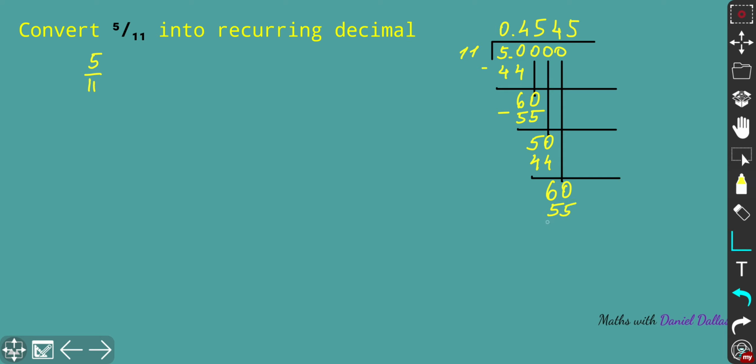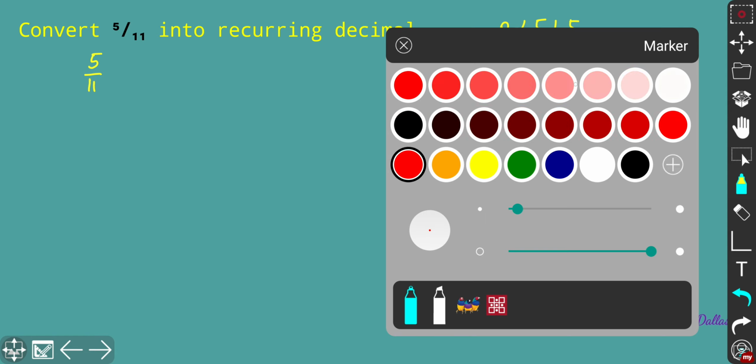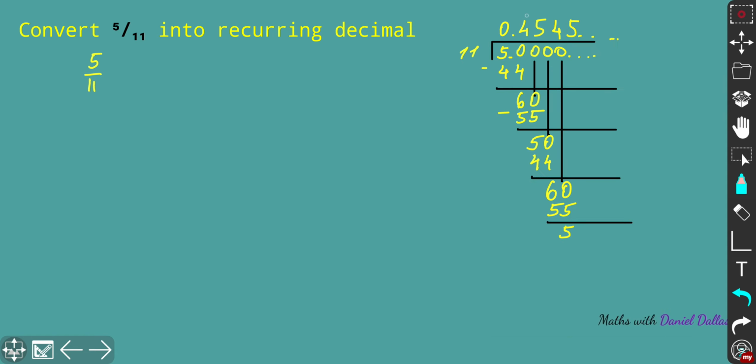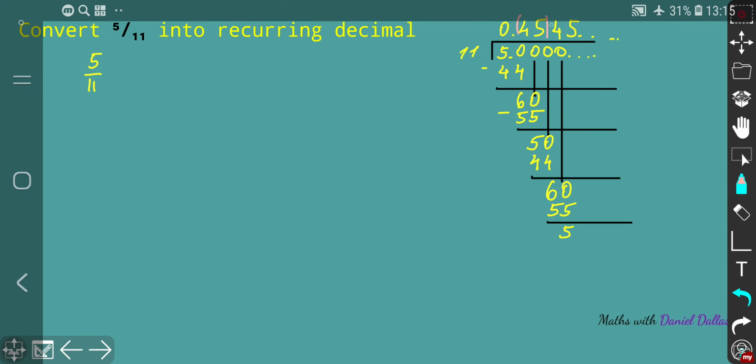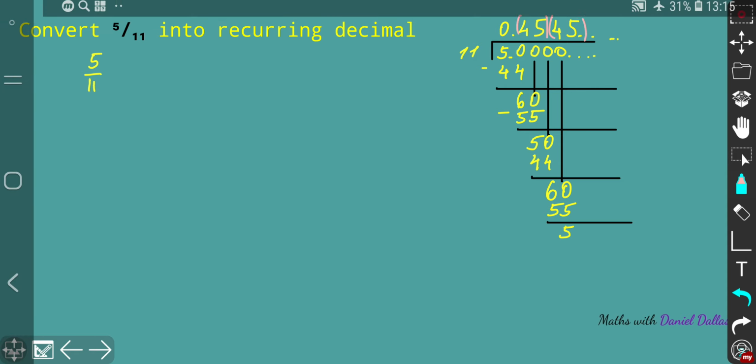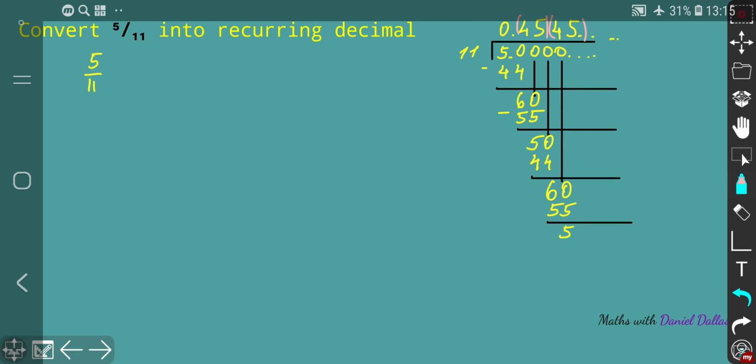And actually, you find out that you have the same pattern again: 60 minus 55 will give you 5 as the remainder, then you again take the next 0 down, so it goes on and on. And as you notice in this case, you see 45 here, then again 45, and then again 45.